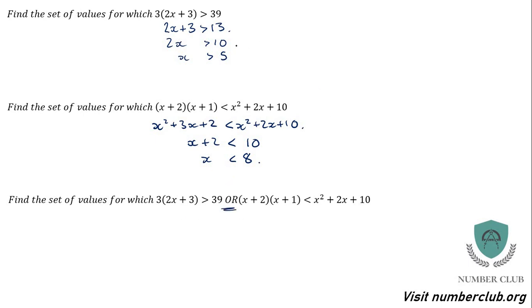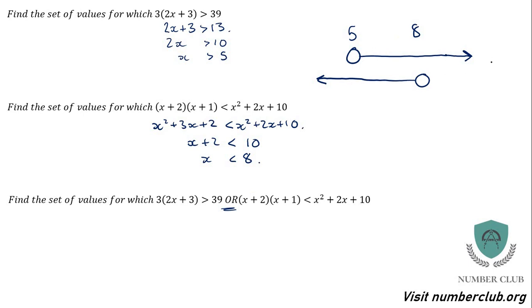We want an or value here again. This is an or, so my critical values are 5 and 8. I want values of x that are greater than 5, and I want values of x that are less than 8. Now we know 6 will work for both. If it was and, 6 would be critical, 7 would be critical, 7.5 would be critical. But in an or question, it only has to work once.